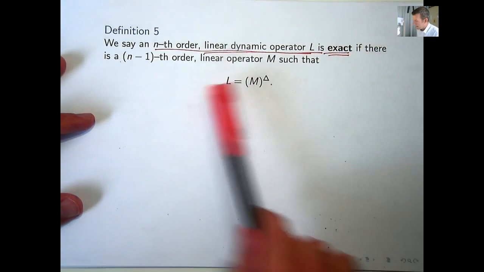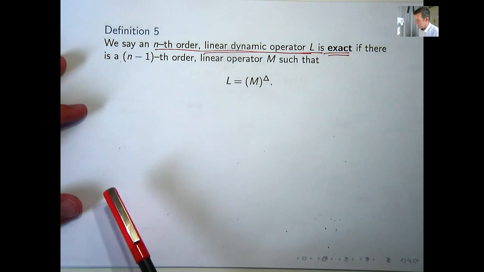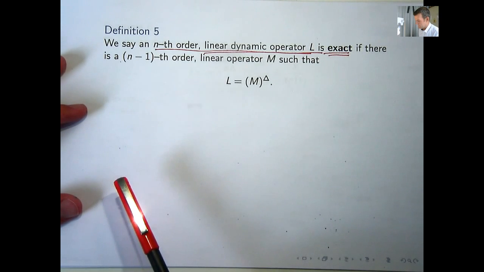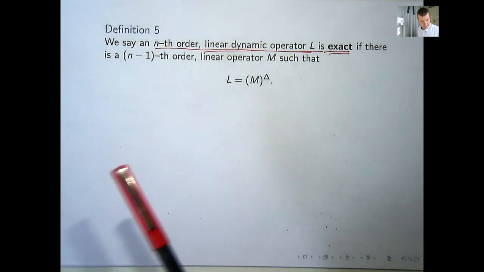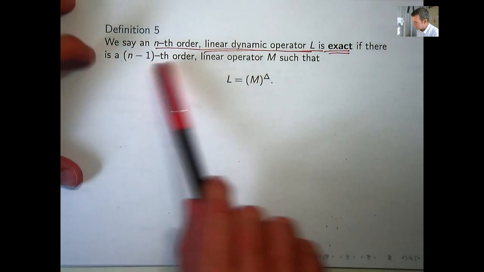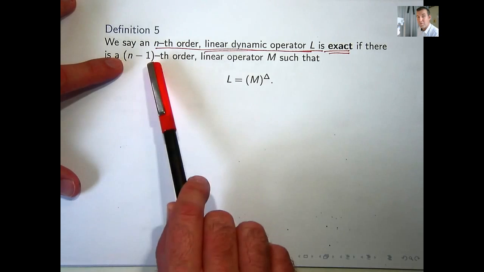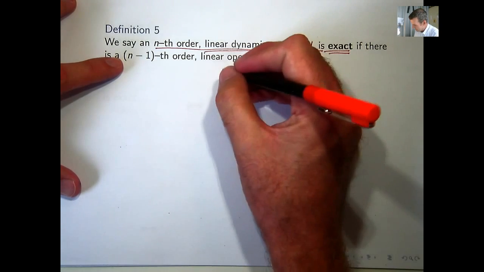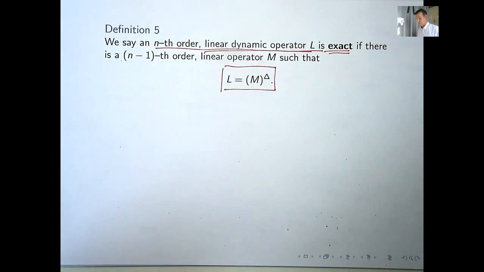So we call an nth order linear dynamic operator L exact if there is another linear operator that is n minus 1th order, m, say, such that L is equal to the delta derivative of m.